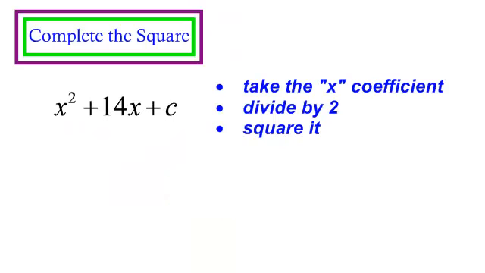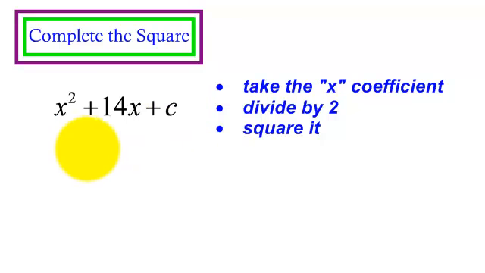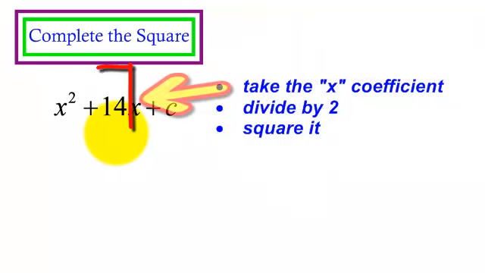So if I wanted a trinomial that was a perfect square trinomial, and you had an x squared and an x term, what could, in this case, c, what could I replace c with? So x squared plus 14x plus something would be a perfect square trinomial. This is what you do. You take the x coefficient, in this case it is 14.